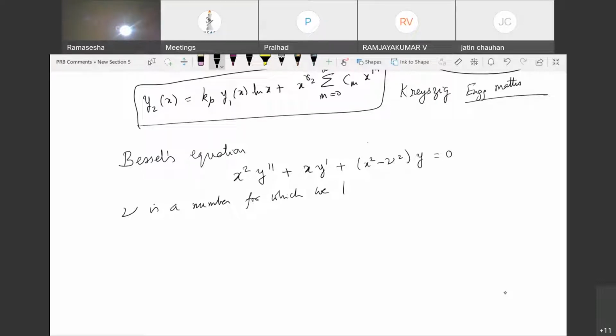Okay. So mu squared can be an integer, or it can be a fraction or half integer, whatever you want. We will deal with those.